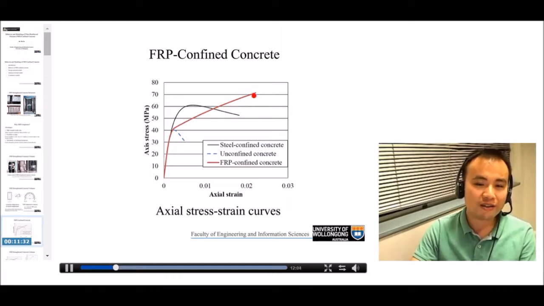You can see both the strength and deformation capacity of concrete can be much enhanced when it's confined by FRP. You may also notice that the curve of FRP-confined concrete features a bilinear shape. This is different from the black curve, which represents steel-confined concrete. For steel-confined concrete, normally you have an ascending branch, followed by a descending branch. So why is there a difference?